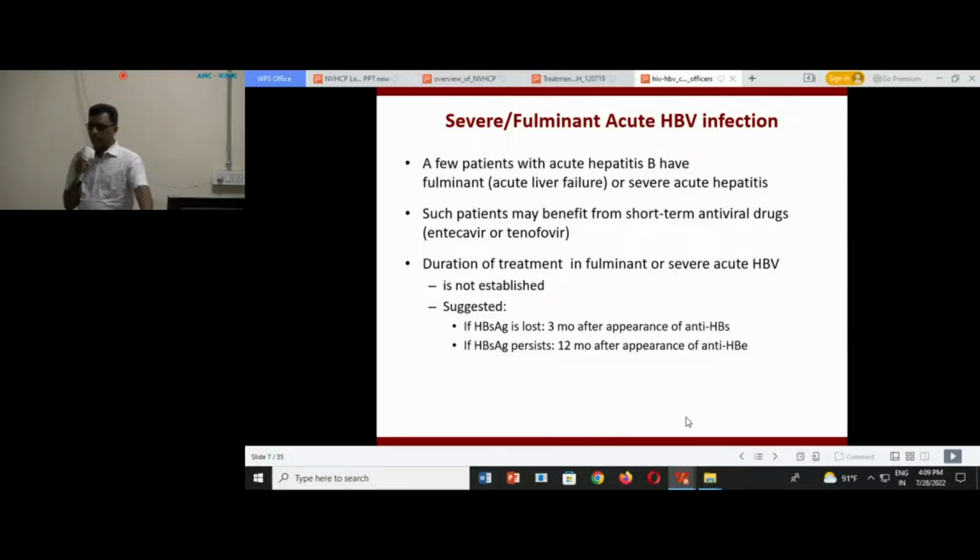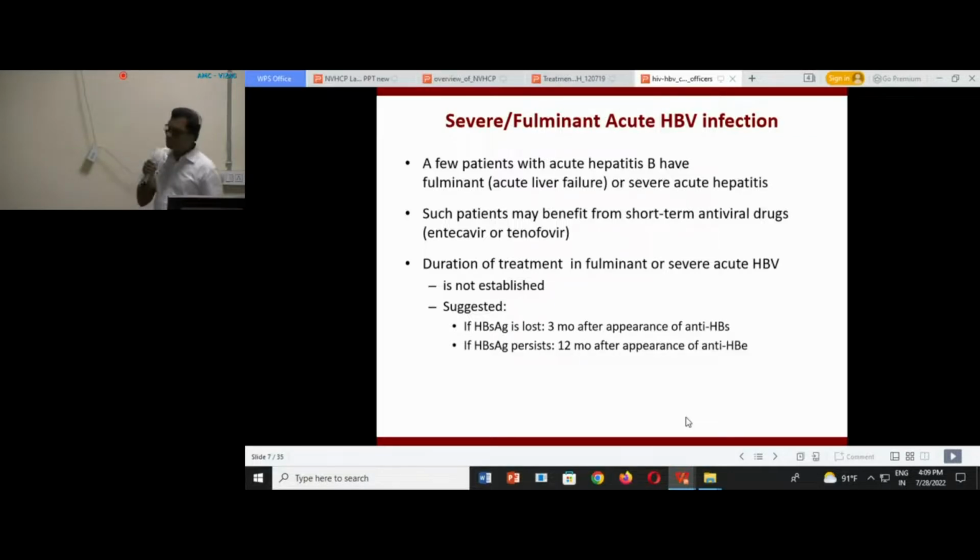A lot of studies came from Taiwan in 2002 where they showed that proper vaccination and proper antiviral treatment could reduce hepatocellular cancer by 20 times. That is where this vaccination strategy came into the world. The good thing is we have a good vaccination for hepatitis B. Though we don't have very good drugs, vaccination is there.